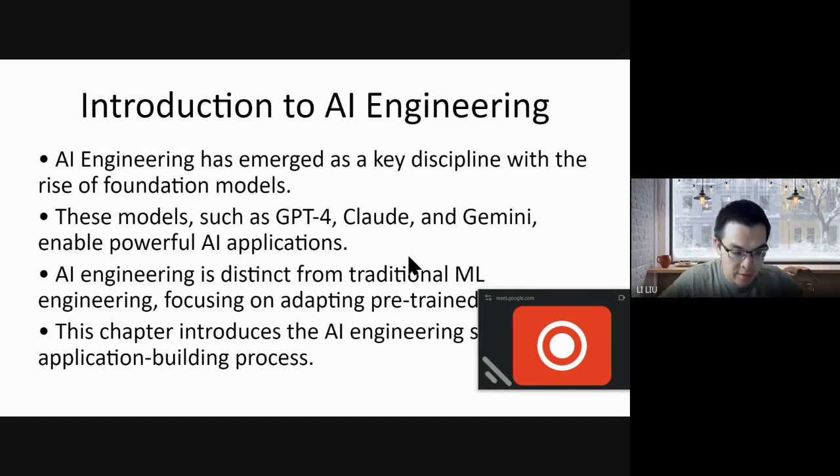Yeah, so in this first chapter, it answers a very important question: why, in the past few years, AI engineering has risen and emerged as a key discipline, and how it is different from the traditional ML engineering. I think the key reason is that we have these GPT-4 and Gemini models, which are the foundation models.